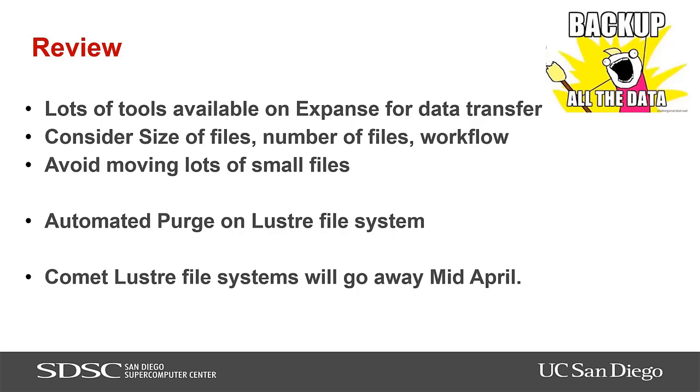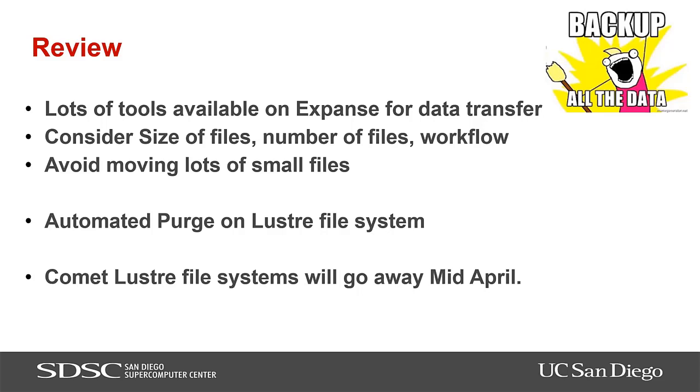And finally, we have mentioned that Comet is going to go away at the end of March, which means its file system will go away in mid-April. So we strongly encourage you, if you have a lot of data, to start thinking about where that data is going to go.